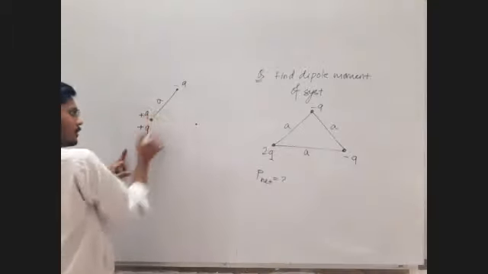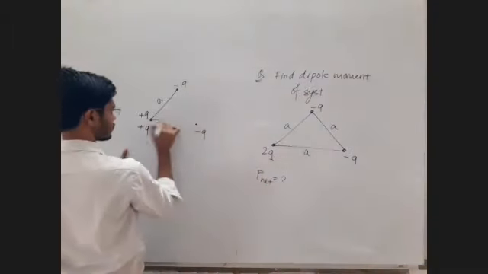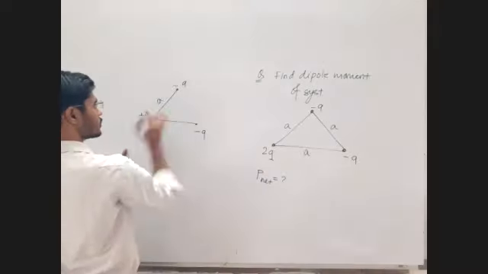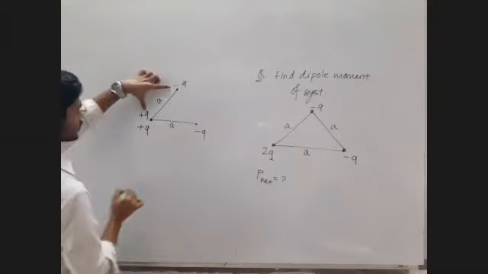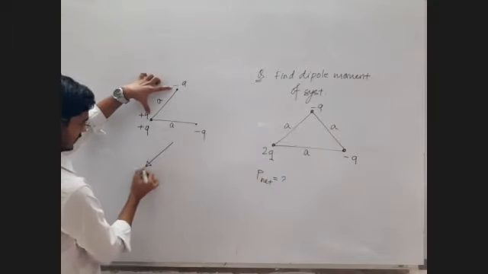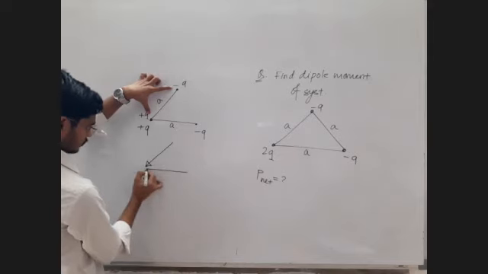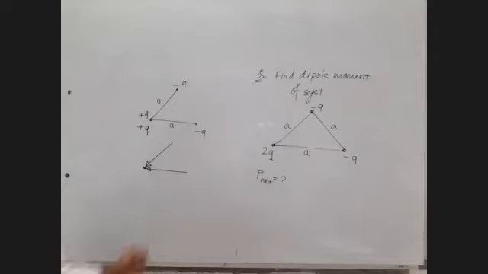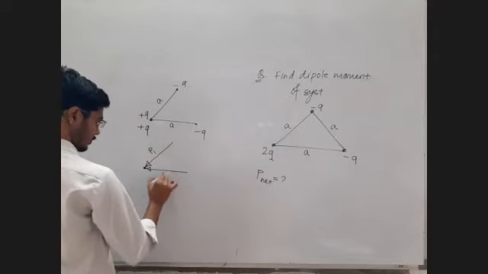So it becomes 2q, and here minus q as it is. This side is also a. That gives the first dipole like this, negative to positive, and the second dipole like this, negative to positive.